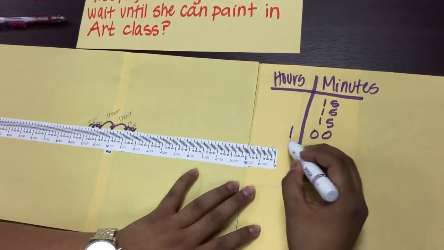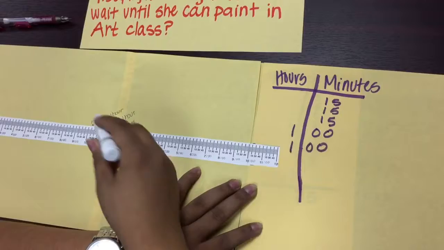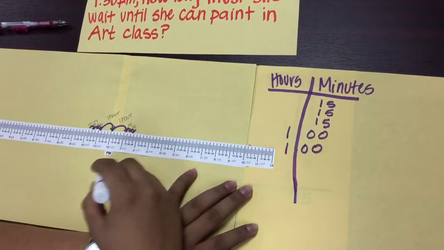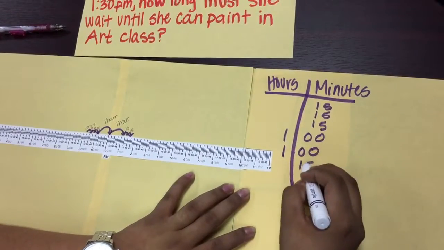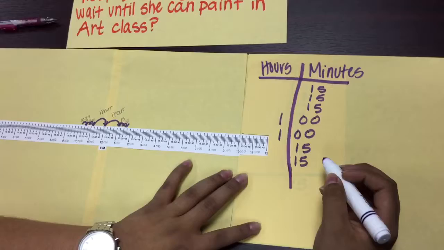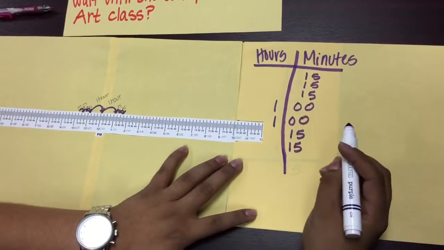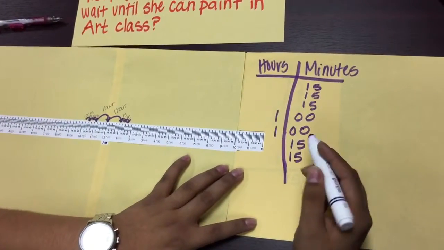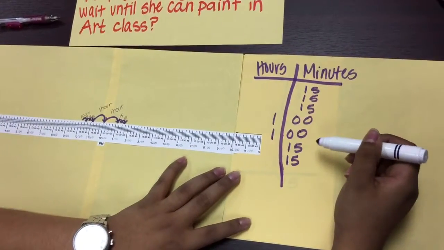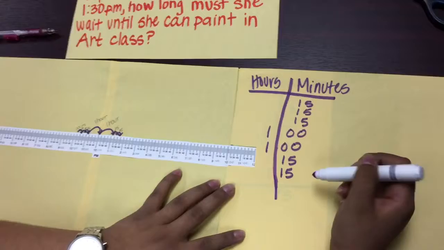Then I have another hour. Notice how I'm just counting where I just jumped across for every time interval. I have another 15 minutes and another 15 minutes. So as previously stated, we were reinforcing our 15-minute time intervals as fractions, because 15 minutes is equivalent to 1/4 of an hour.